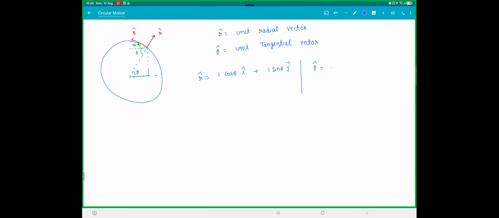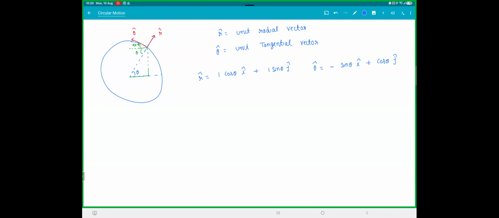So theta cap, you can clearly see that would be minus cos 90 minus theta, that is minus sin theta i cap plus cos theta j cap. So this is how you write your r cap and theta cap in terms of this. So this is your tangential vector and that's your radial vector.